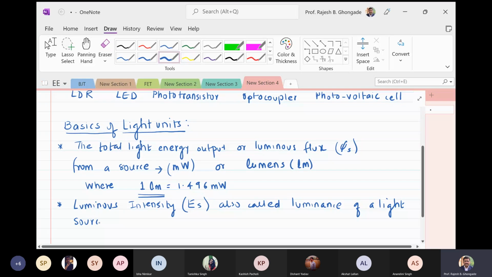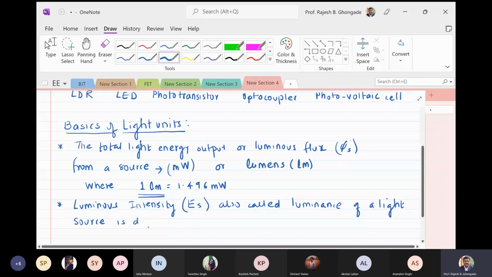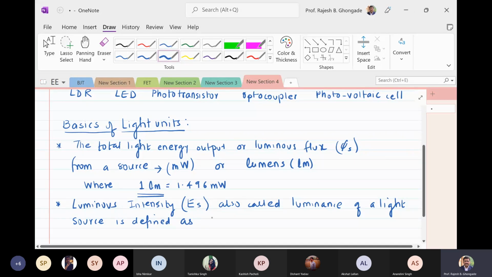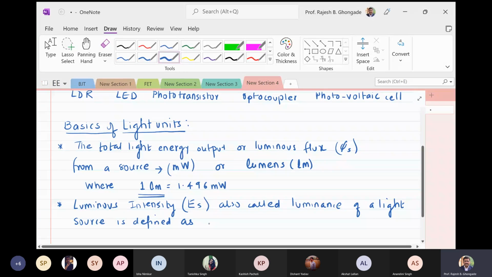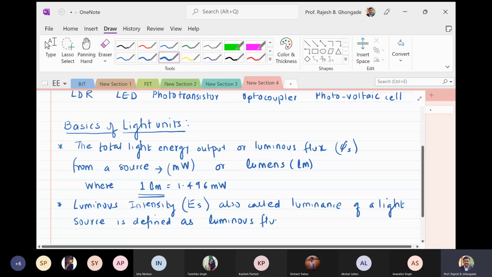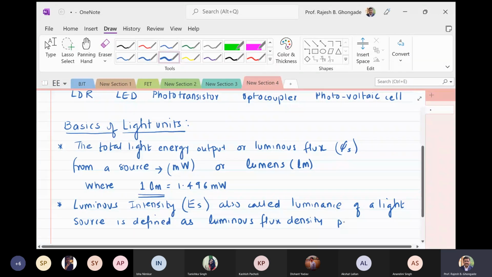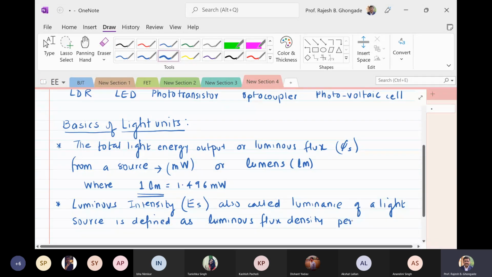It is defined as the luminous flux density per unit solid angle.